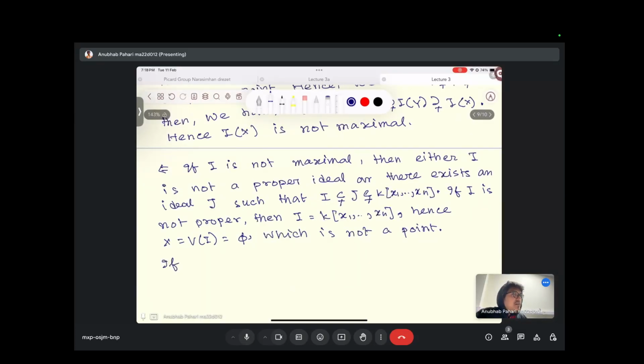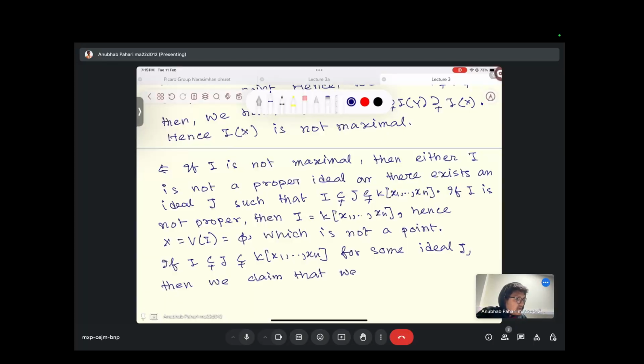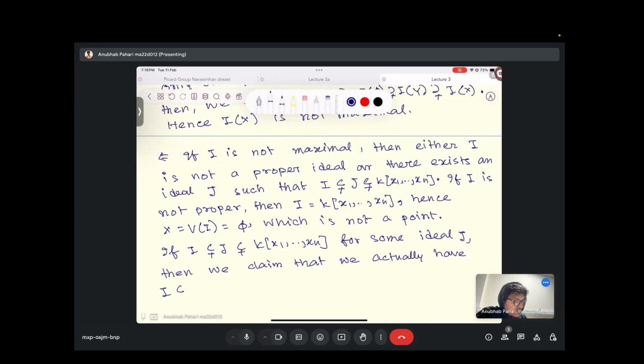If I is contained in J, strictly contained in k[x1, up to xn], for some ideal J, then we claim that we actually have I, J, k[x1, up to xn].